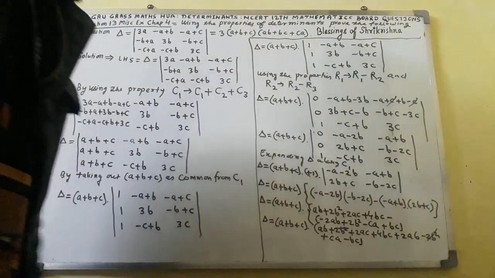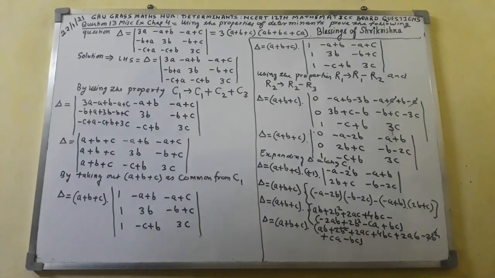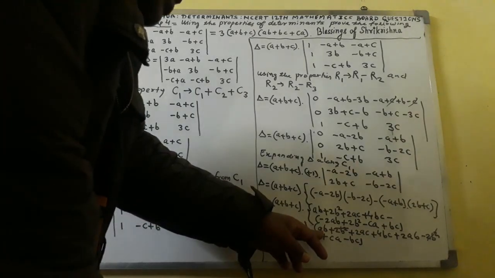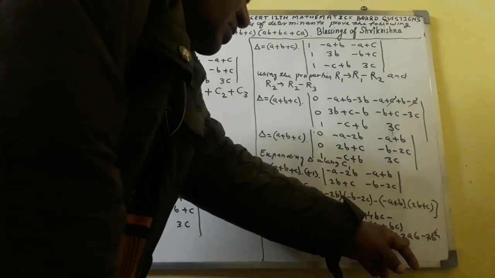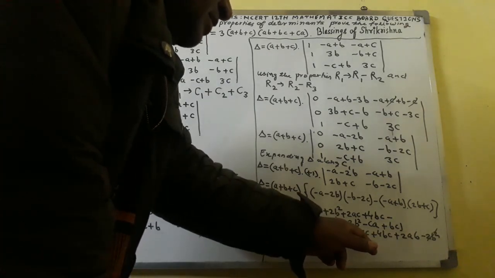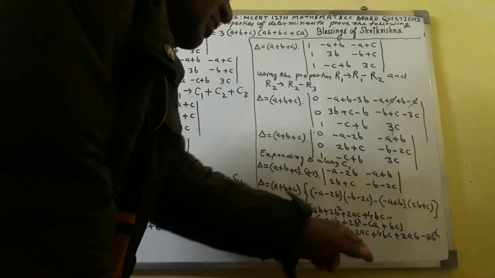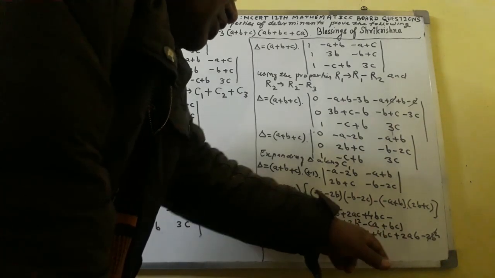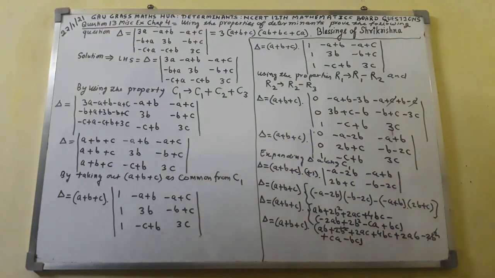This one plus 2B square minus 2B square will get cancelled, and here you will get AB plus 2AB, 3AB, and here 2AC plus AC will get 3AC, and here 4BC minus BC comes out plus 3BC.